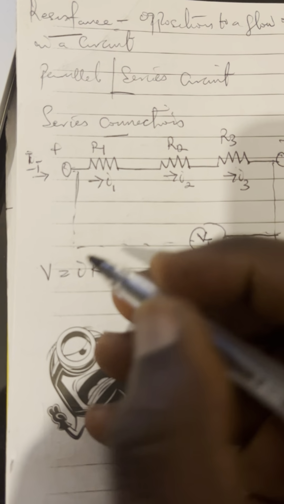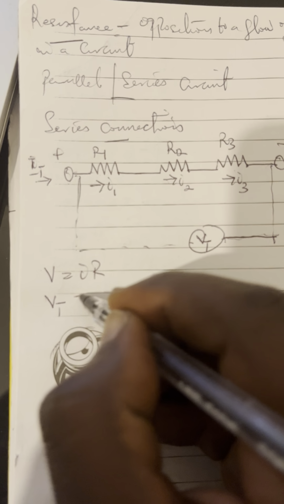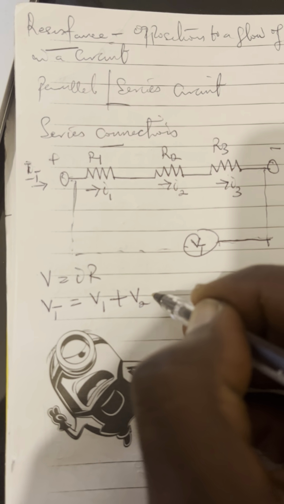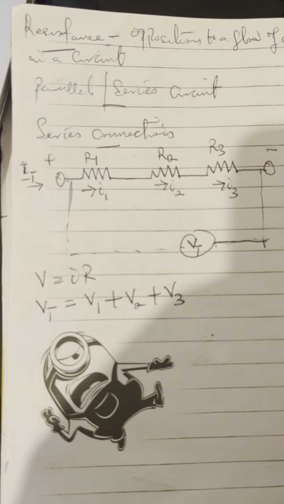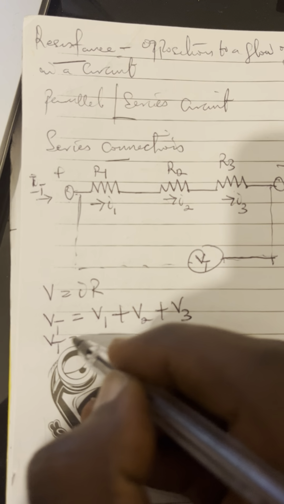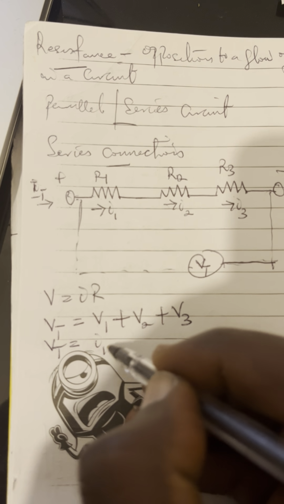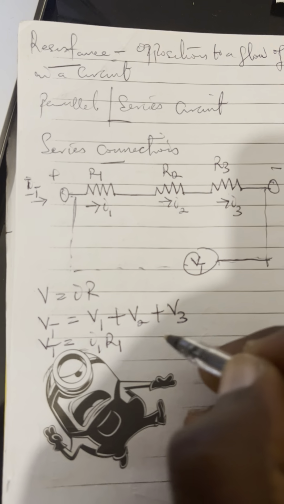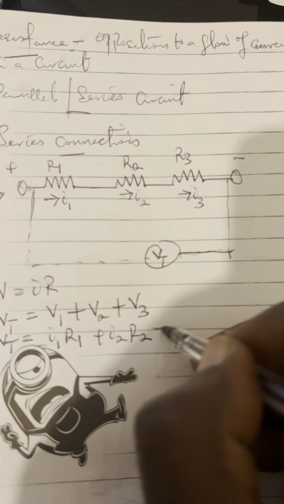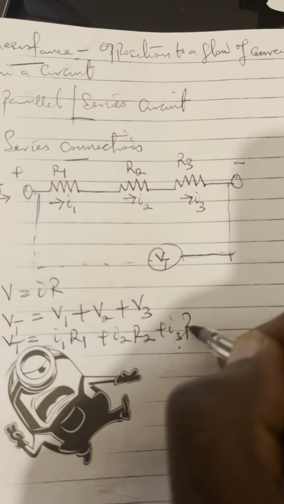Is that not so? So it means that V total will be equal to V1 plus V2 plus V3. Therefore, V total will be I1 R1 plus I2 R2 plus I3 R3.